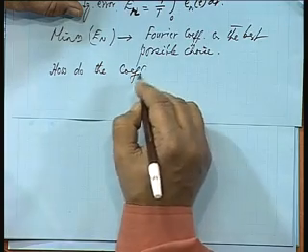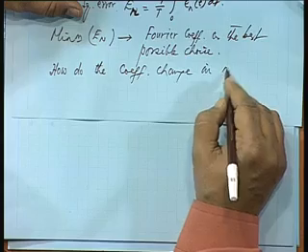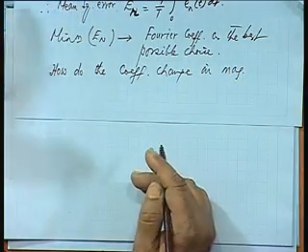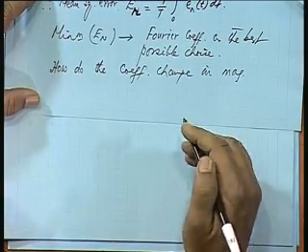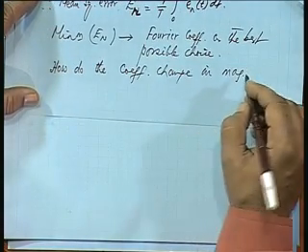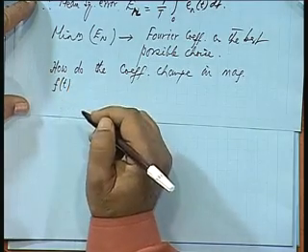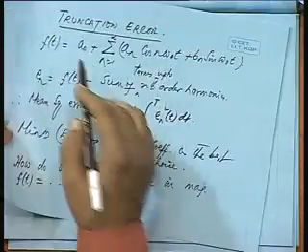Now, next we take up another issue. How do the coefficients change in magnitude as we go down in the derivative functions?